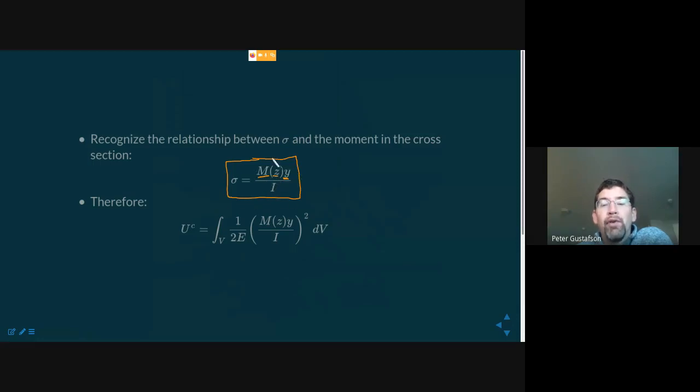So now we have a positionally dependent stress, which we can plug into the stress value that we saw on the prior slide. So now our complementary energy becomes an integral over the volume of 1 over 2E, where we can write the moment of z times y over I, square that term, dV. Pretty simple.